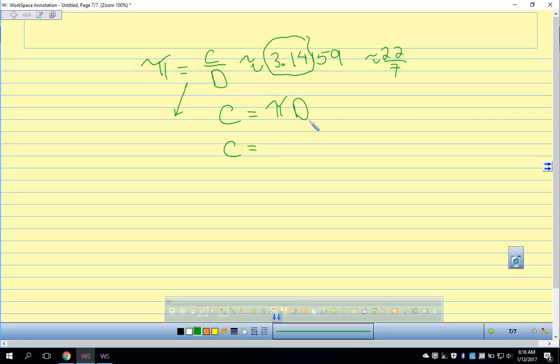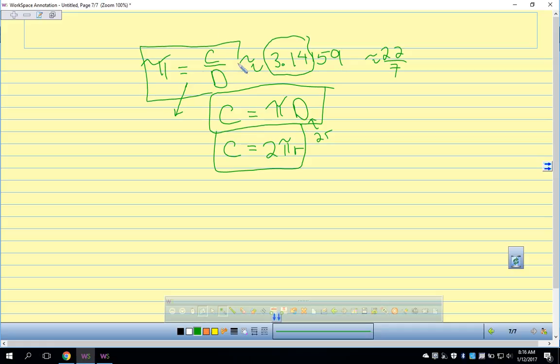Because the diameter is equal to 2 radiuses, so if you substitute 2r for d, usually they put the 2 first, then the pi, then the r. All three of these are equivalent forms of the formula for finding circumference, and you should know that.